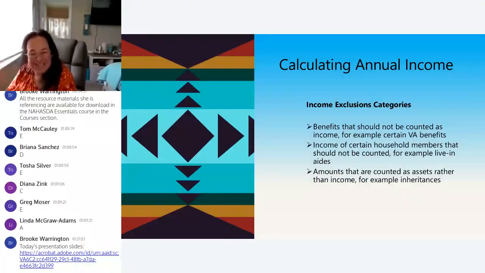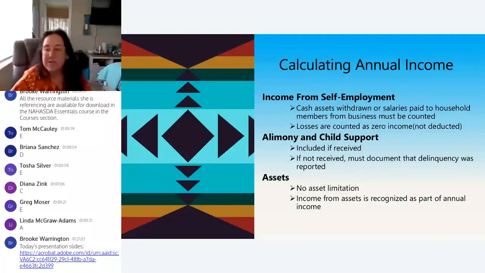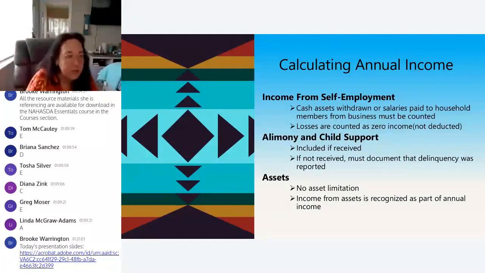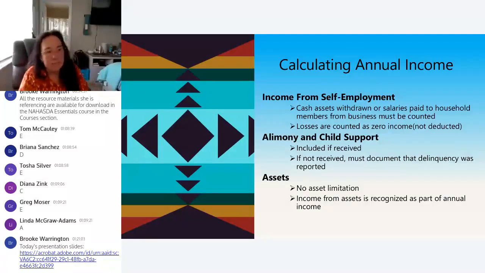Income from self-employment, alimony, child support, you know, included if it's received. If it's not received, they have to document that they're trying to get it, go to a court of the jurisdiction and say, you know, they've only received this much, but they are actively trying to pursue getting that child support. There is no asset limitation. Income from assets is recognized as part of your annual income, not the asset itself.